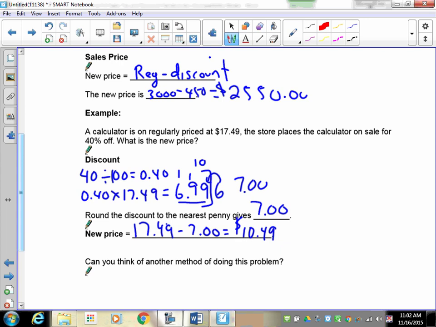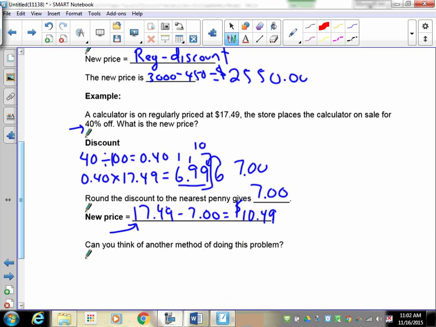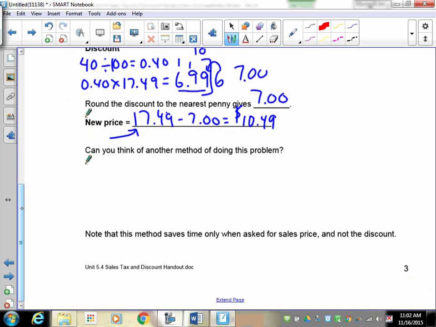Well, there is. Some people don't like to do their subtracting here. They would rather do their subtracting with the percentages. Now I want you to think about this for a second. If this is a box which is 100%, and you're going to take off 40% of it, this is what you're going to remove.